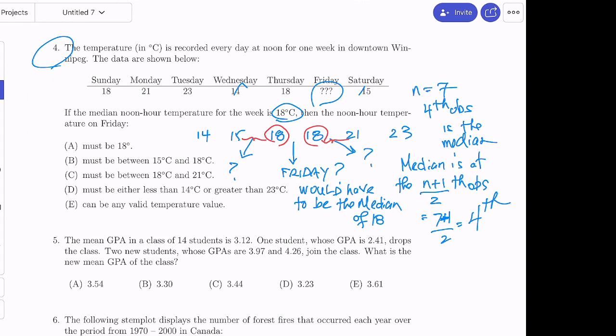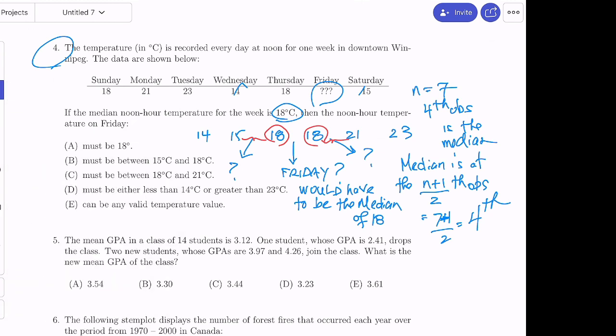So what's the answer? It could be between 15 and 18, but couldn't it also be over here?